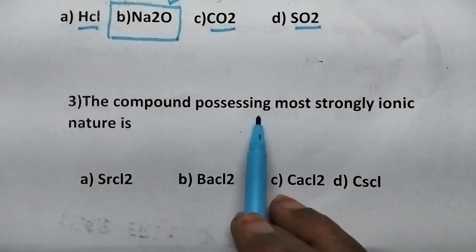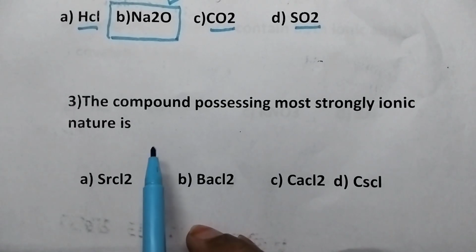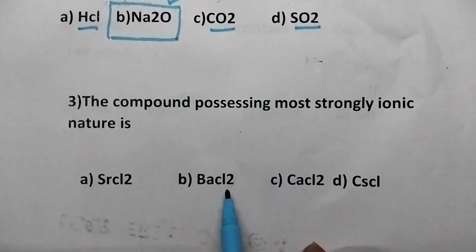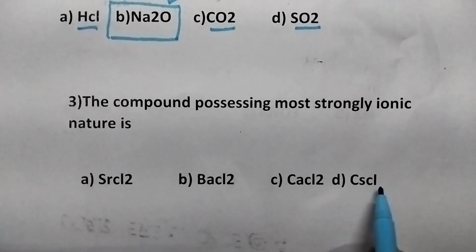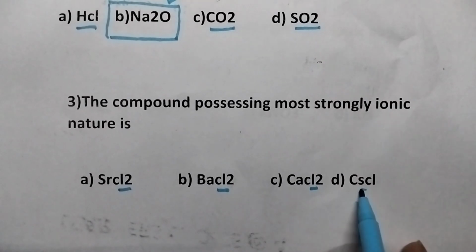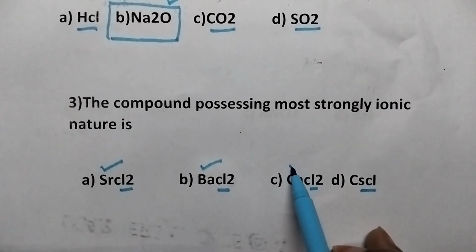The compound possessing the most strongly ionic nature is, so here coming to the options, strontium chloride, barium chloride, calcium chloride, cesium chloride. All four compounds have the same anion, so we have to check the size of the cation.